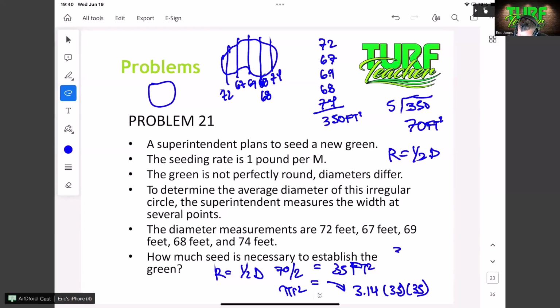Gives us basically 3,800. Do that math in the calculator real quick.